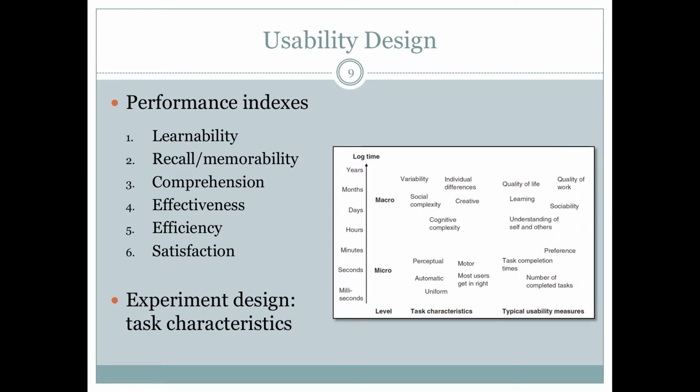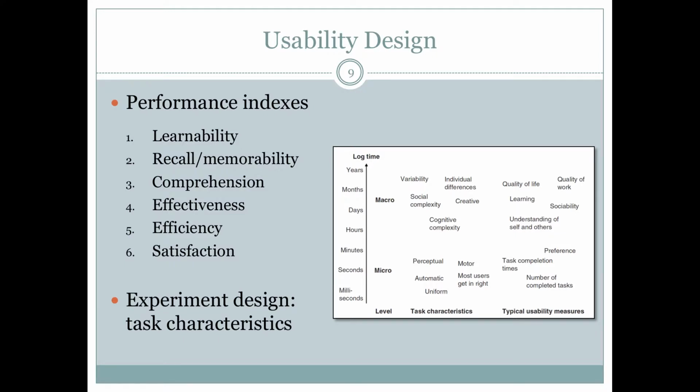Those indexes can usually be measured by means of experiments or questionnaires. But depending on the index, we have to devise the task characteristics in the experiment in order to isolate the correct index. For example, low-level tasks, such as task completion times or number of completed tasks, are measures which can be used to isolate micro-level task characteristics, so motor-level or perceptual characteristics.